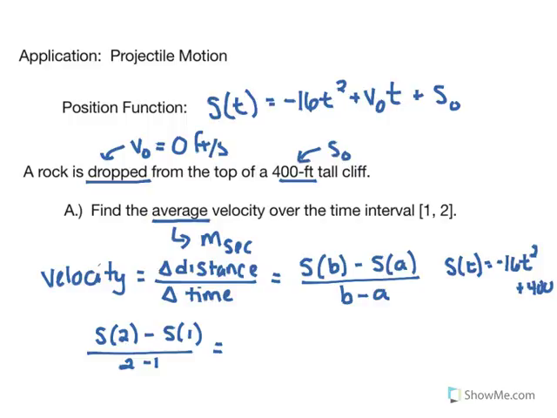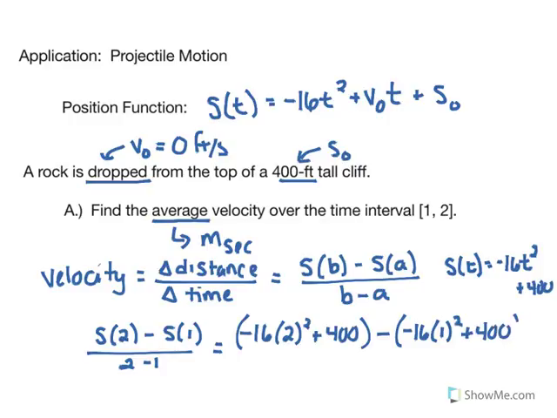Now when I plug 2 into that, I'm going to end up getting negative 16 times 2 squared plus 400. That is s of 2. I have to subtract s of 1. That will be negative 16 times 1 squared plus 400. This is all divided by 2 minus 1, which is just 1.